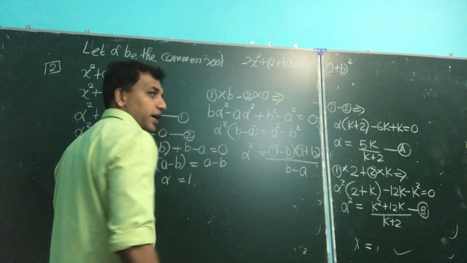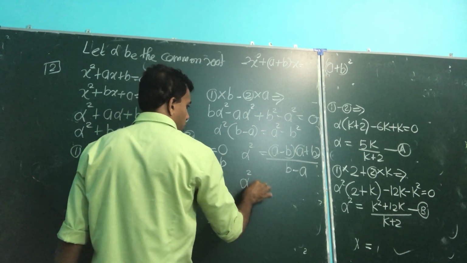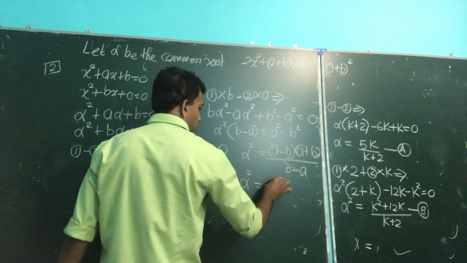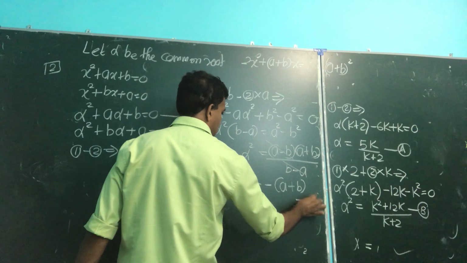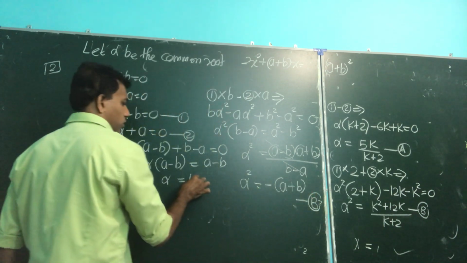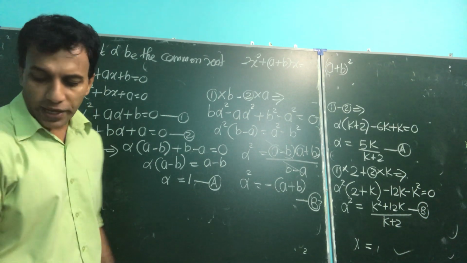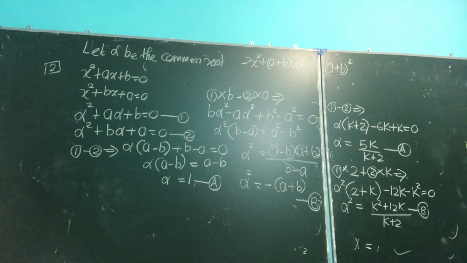So see this cancels, but negative cancels, no? Minus into (a plus b). So you can get two relations. One is alpha equal to 1. Other one alpha square equal to minus (a plus b).